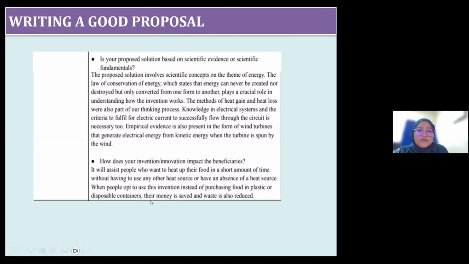Still looking at that, it will save money and reduce waste, for example, saving money instead of purchasing food. So they are saying what the impact, benefit or usefulness of their innovation and product is to the target user.